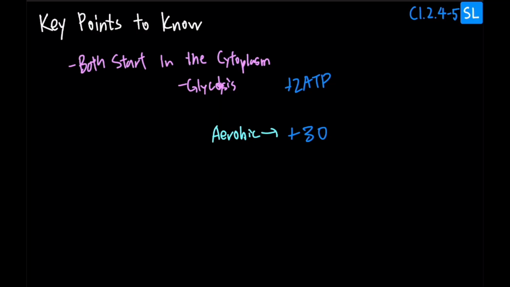And you want to remember that the final products of anaerobic respiration are going to be lactic acid and ATP for the human body. And the lactic acid is why you get muscle burn, of course. And if you're in aerobic respiration, you will get extra carbon dioxide and water.